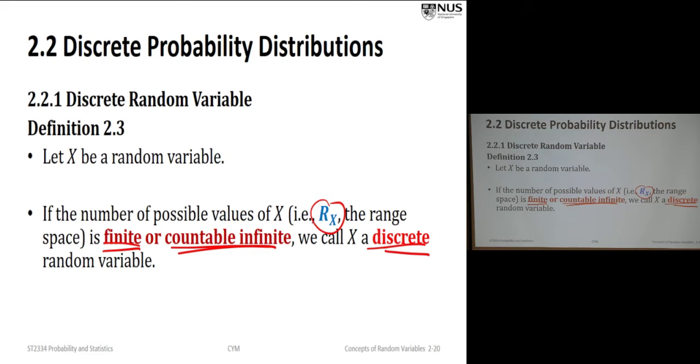But the definition applies to a finite range or countably infinite. I asked you this before. Do you know how many points are between 0 and 1? No one knows. Infinite number of points.